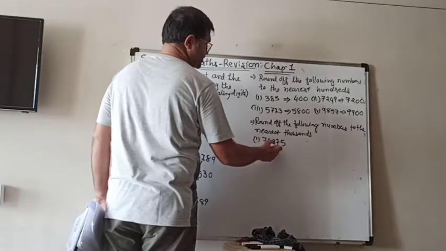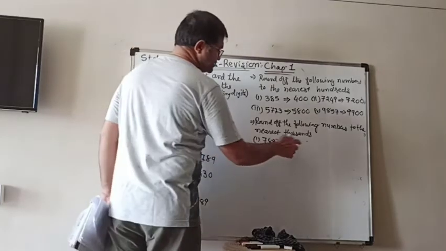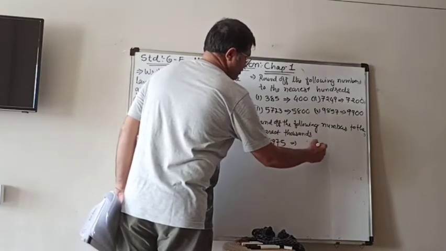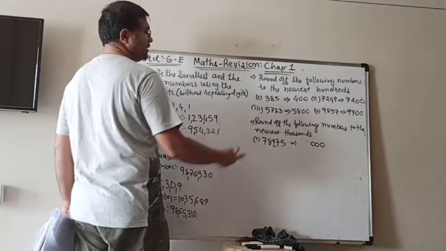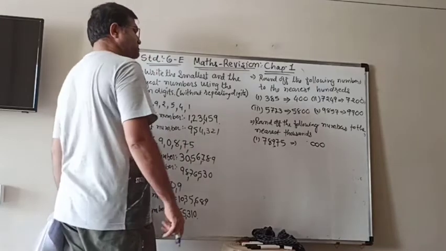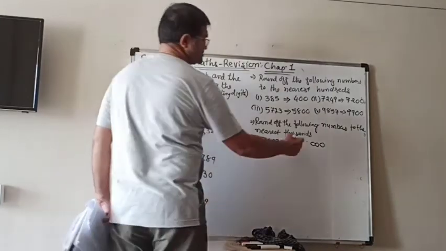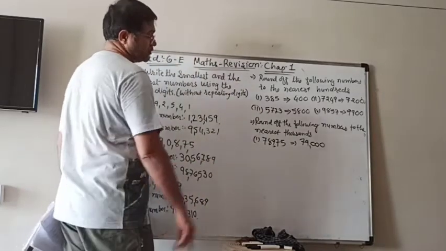If the third digit is 5 or more than 5, then all the 3 digits at the last will be 0 and the previous digit will be 1 more. Means in place of 78, we can write down 79. So it is 79,000.